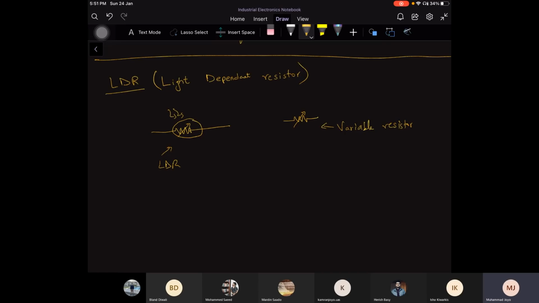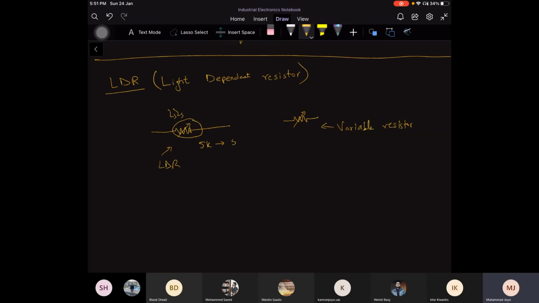Let's suppose in normal condition, when there is no light, the resistance of the LDR is maybe 5K, and when we start exposing the LDR to light, it can be any light, its resistance rapidly changes towards the maximum point. That can be around 50K.